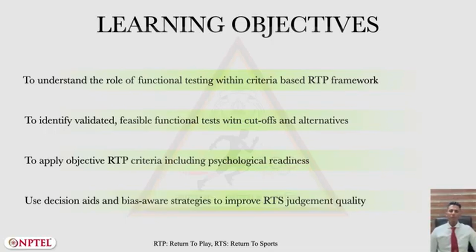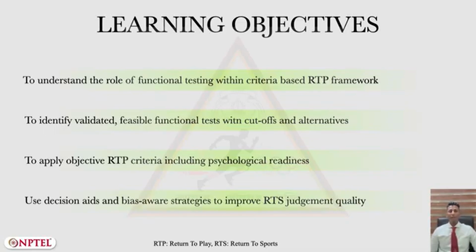We will learn to apply objective return to play criteria holistically, including psychological readiness alongside the physical testing. Finally, we will examine decision aids and strategies to reduce bias so our return to sports judgments are consistent, reproducible, and athlete-centered.